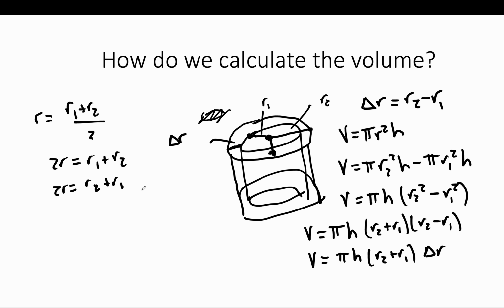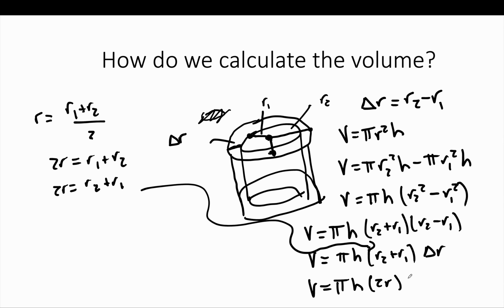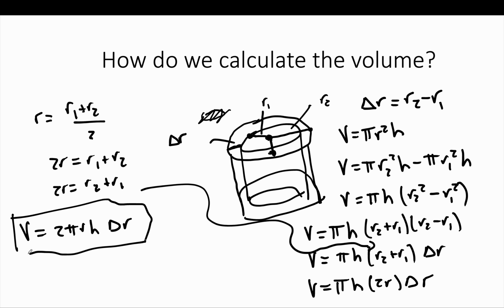We could plug that in here. So we do that, and we get V is equal to pi h times 2R delta R. Or, to conclude, V is equal to 2 pi r h delta R. That's what we get out of this.